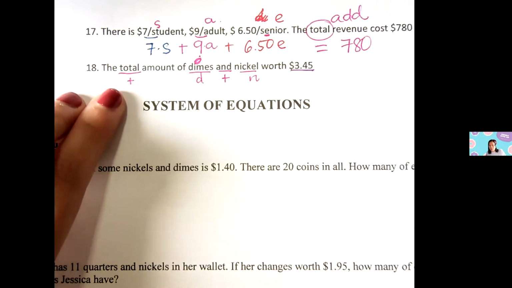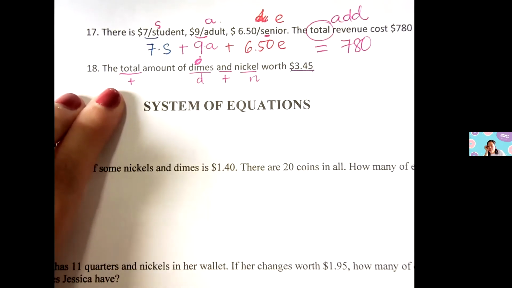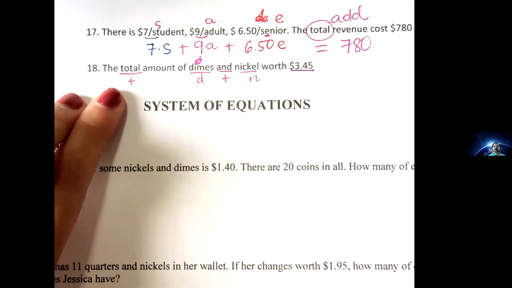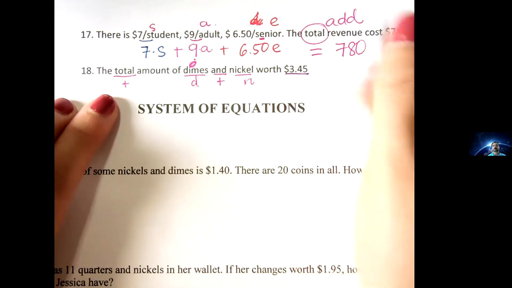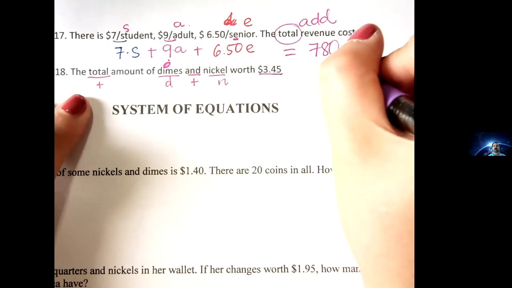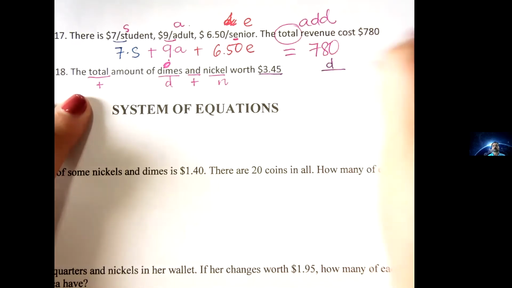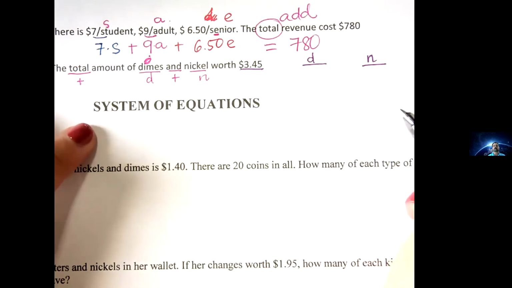3.45. Okay, thank you. But what do you mean by D? Is it the amount of dimes or the value of a dime? That is the number of dimes. Okay, so the total number of dimes and the total number of nickels is worth $3.45.